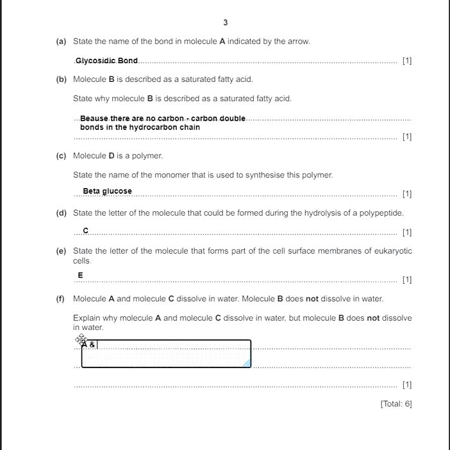A and C have OH groups which are polar, causing the molecules to be hydrophilic.